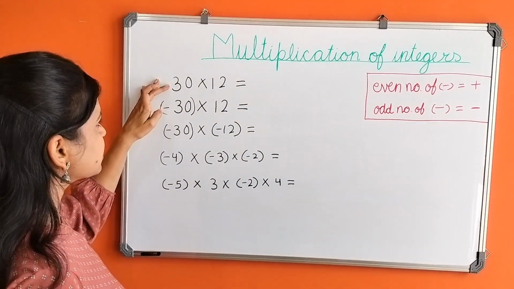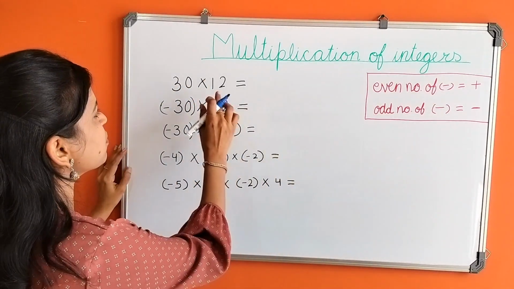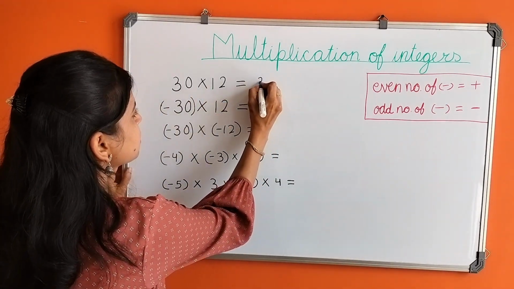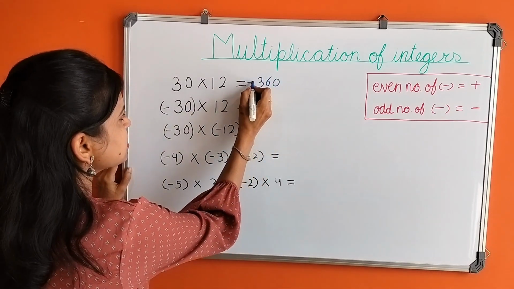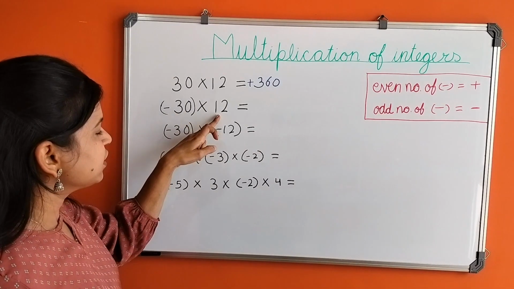So in this example, 30 into 12, no negative is there, both are positive, so the answer is positive. 30 into 12 is 360. This is positive. Okay, next, minus 30 into 12.